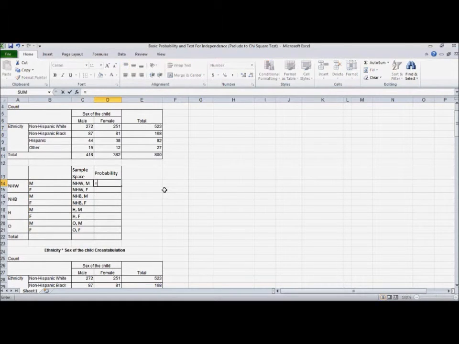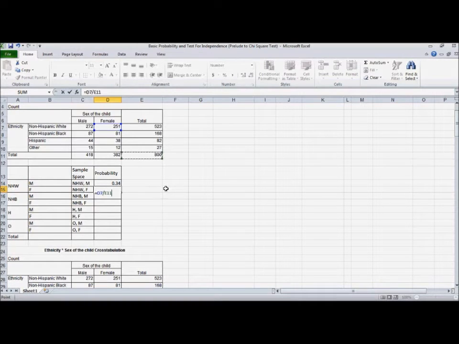We can say equal 272 over 800. And that's our probability, 0.34, for a non-Hispanic white mother giving birth to a male child in our sample.